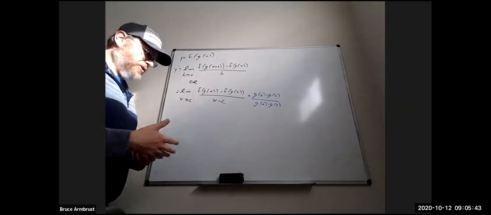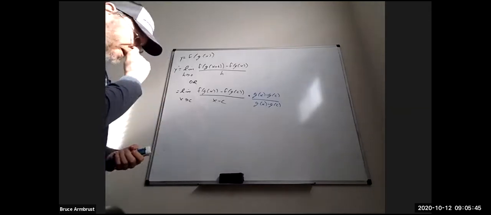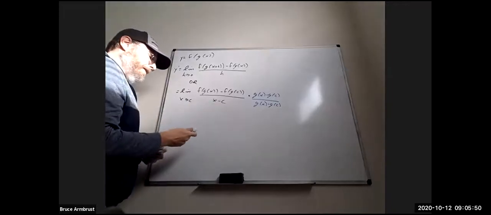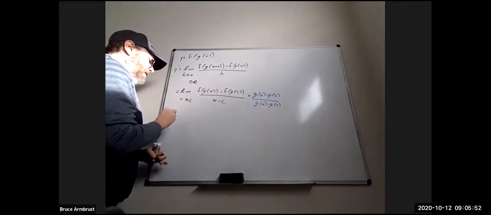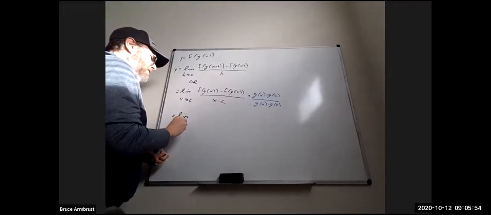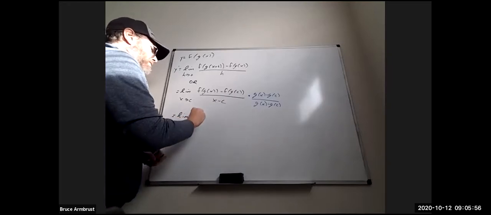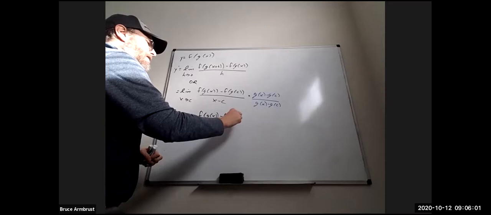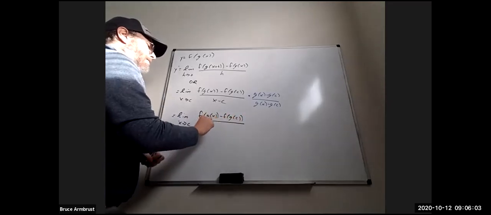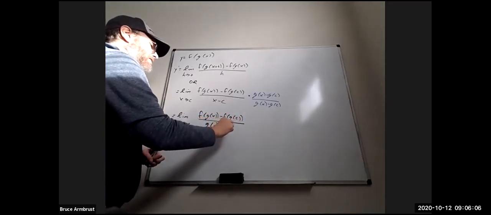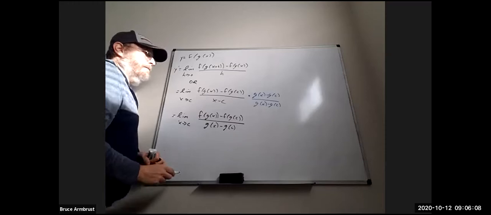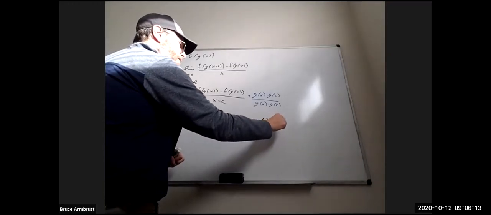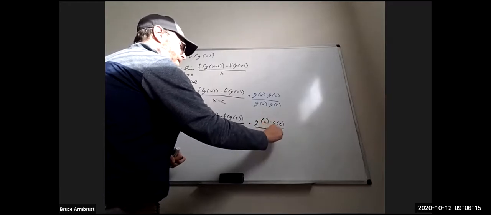Let me split this fraction apart. Since I've got multiplication, I can move things around on top and bottom. Here's what I'm going to do. I'm going to write this as the limit as x goes to c of f of g of x minus f of g of c divided by g of x minus g of c, times g of x minus g of c over x minus c.